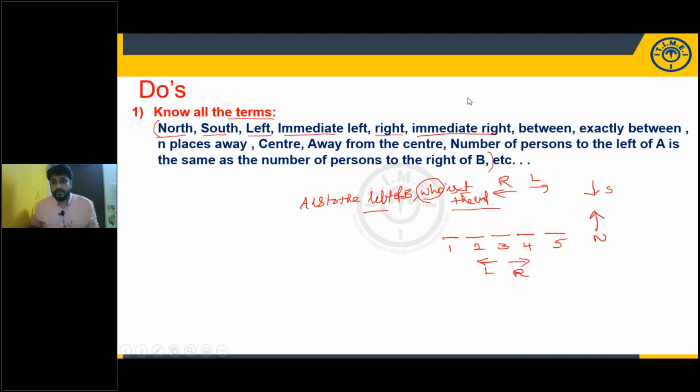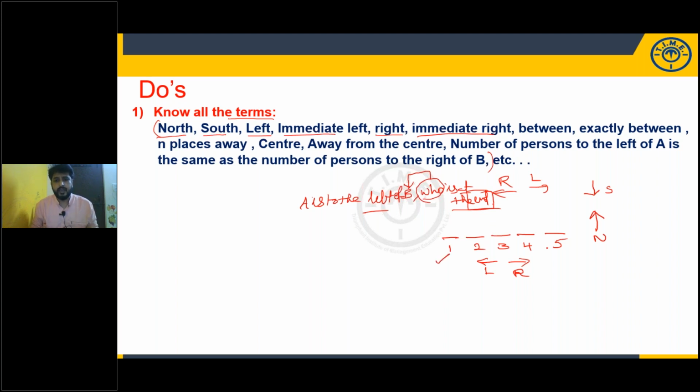Okay. So when we come across this, how to respond? It is very simple. When it is given A is to the left of B, who is at the end? Who refers to the second person as the subject. End means we will have two ends, left end as well as right end, two extremes.